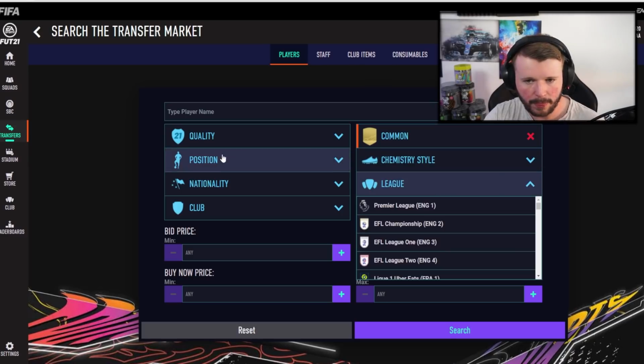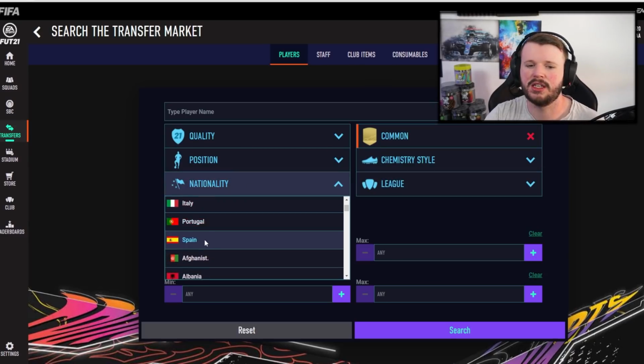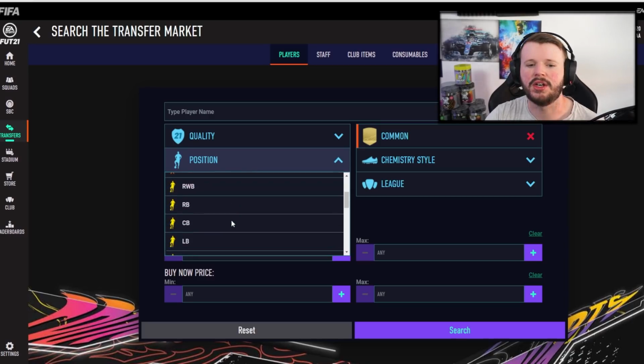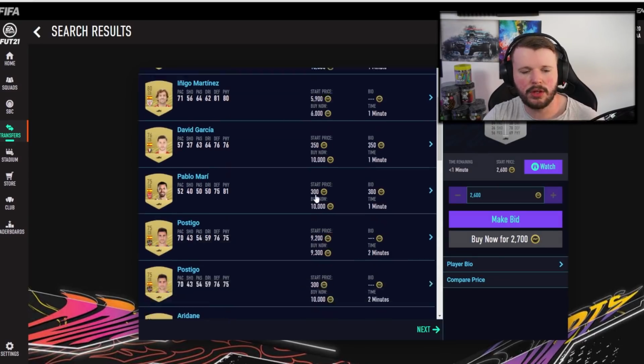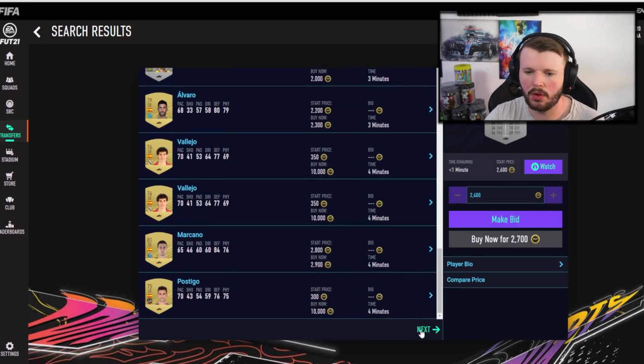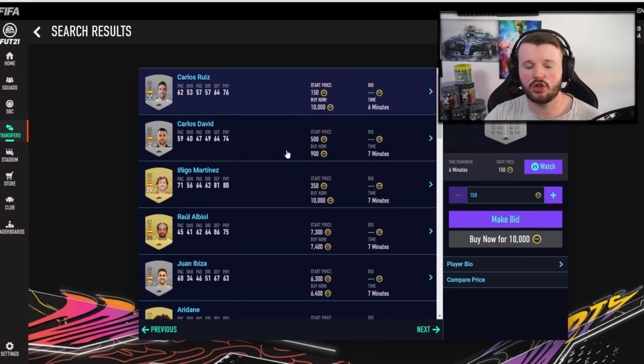Let's go nationality, say Spanish, and you need a centre back. There's not going to be many on the market. We might see quite a few here because we're on FIFA 21, but there's not going to be that many on the market. And what you might see is someone's put one up for a really, really cheap buy it now.